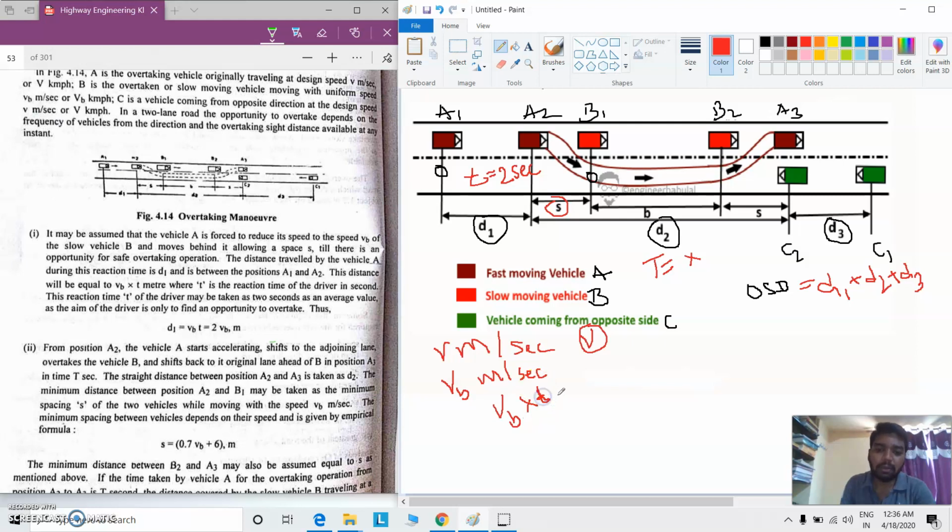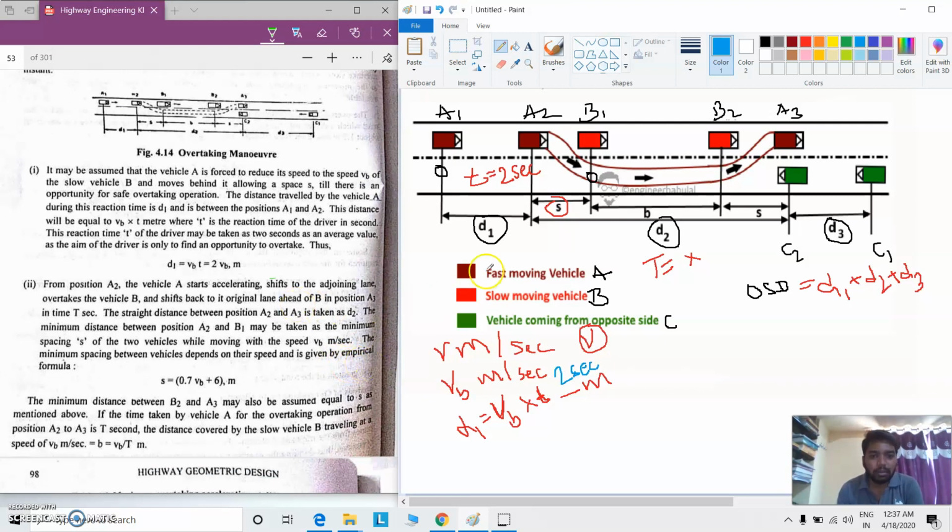V is in meters per second and T is in seconds, seconds cancel, and we get meters. So distance D1 is VB into T in meters, and we substitute T as 2 seconds.